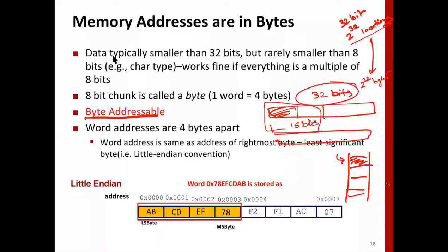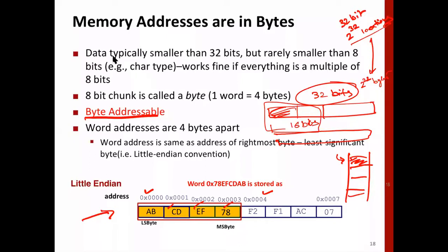Okay, so let's come to this point and see how we can address words. This is the first byte, second byte, third byte, fourth byte, and these four constitute one word. And this is the second word. So what is the word address here? The word address is the address of the first byte in the word.